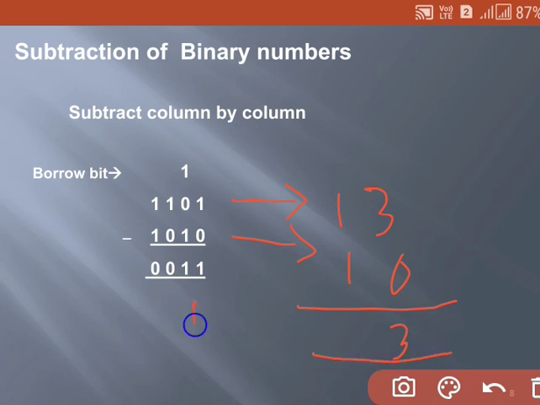So correspondingly, the decimal number for 0011 is equal to 3. This is the procedure of checking whether the procedure you have adopted for subtraction of two binary numbers is correct or not. You can check like this with the help of conversion of binary numbers into decimal numbers.